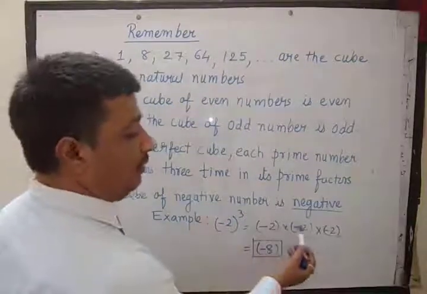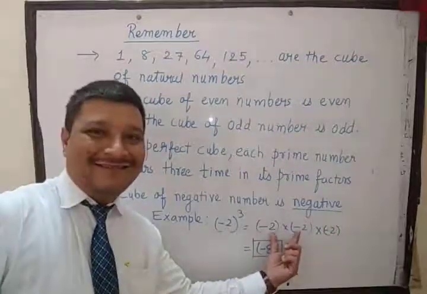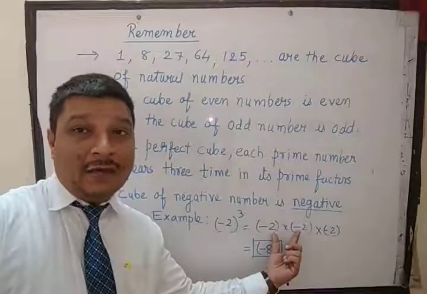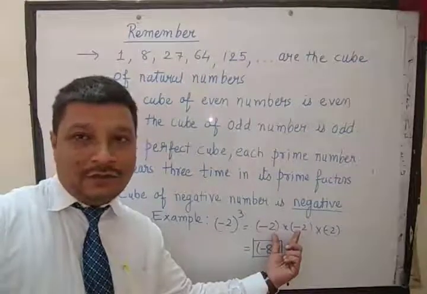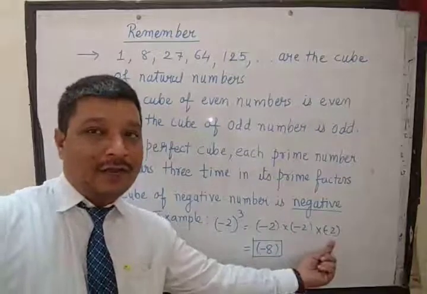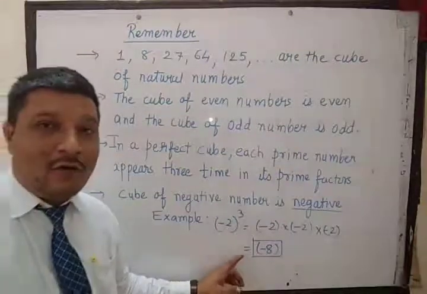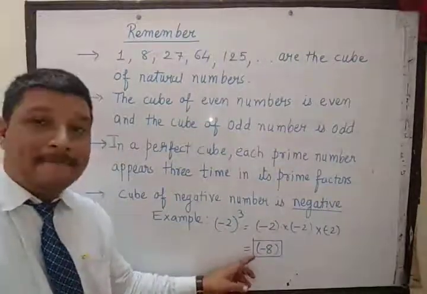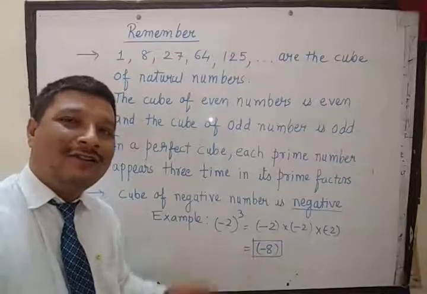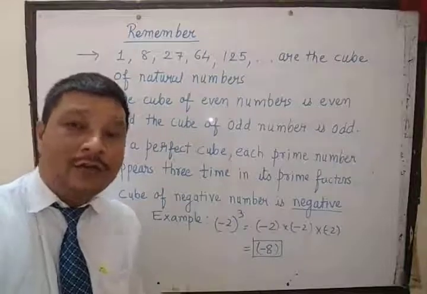So -2 multiplied by -2 multiplied by -2. अगर 2 टाइम होता है, square में 2 times, so minus minus will become positive, means 4. But 3 times, again it will be minus 2. So 4 multiplied by minus 2 will be minus 8. That's why if we are finding the cube of a negative number, then the result is also negative. Clear?